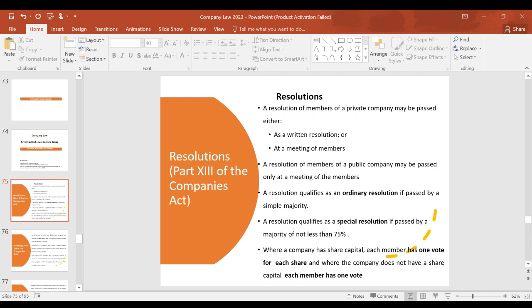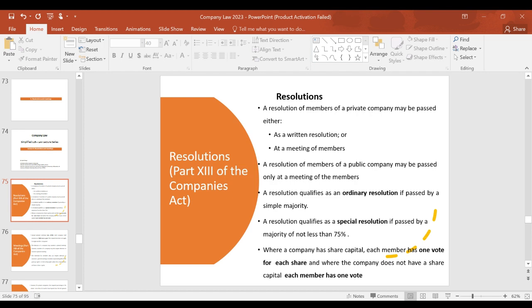So if they say that to remove a director, there must be at least a majority of the shareholding voting at a percentage of 75% of the members who are present in that particular meeting. So if the removal of a director requires a special resolution, then that will be the only way, and that will be captured within the Articles of Association.